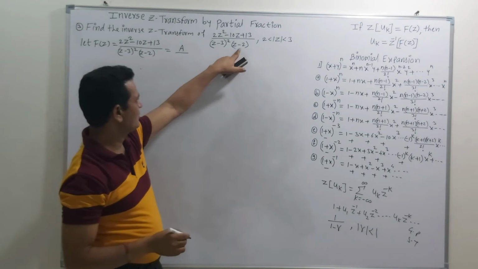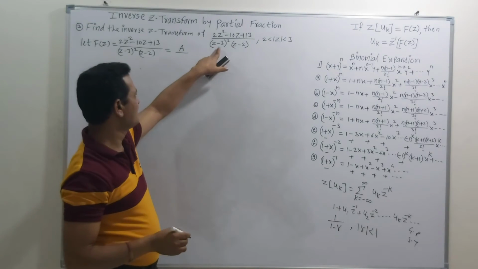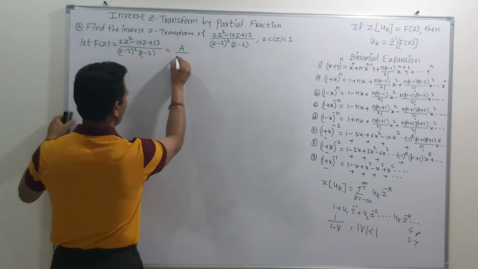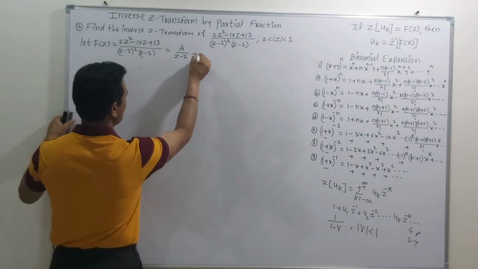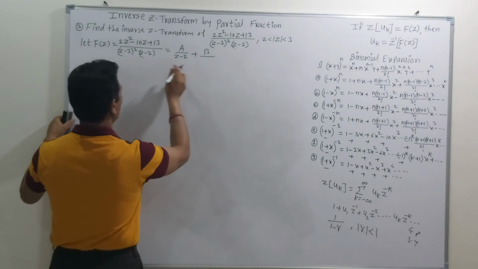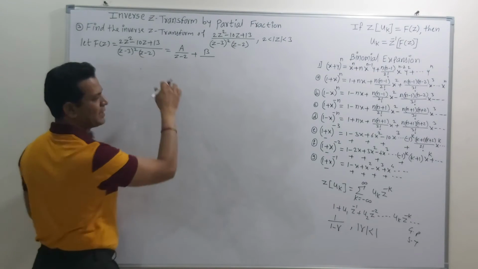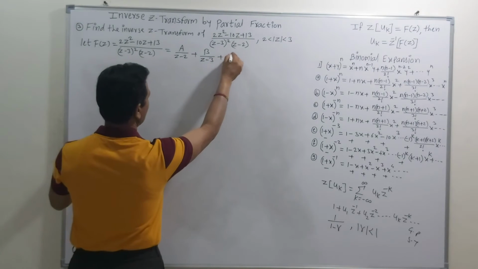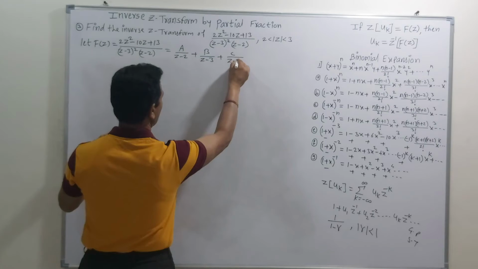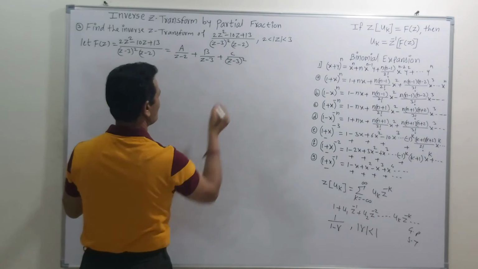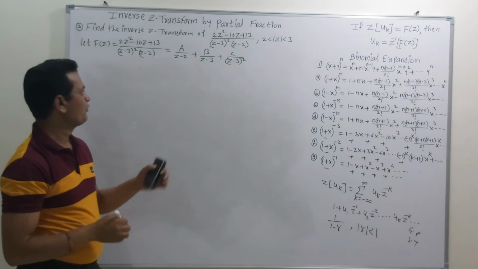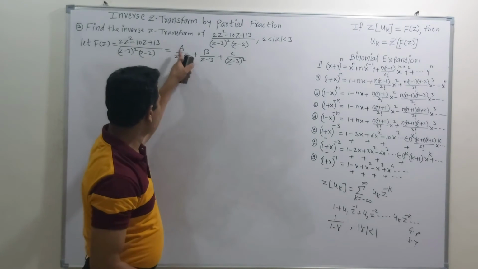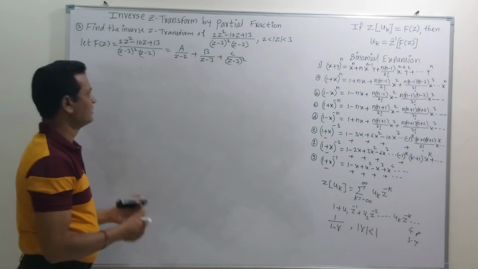Observe that one factor is linear and the other is linear but repeated, so we can write this as A/(z - 2) + B/(z - 3) + C/(z - 3)², since the factor is repeated twice. In this way we apply partial fractions. Now find the values of constants A, B and C.